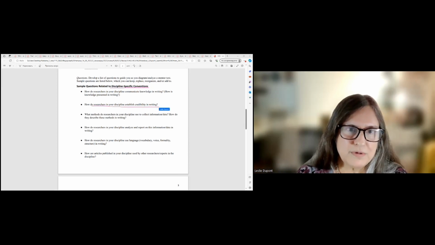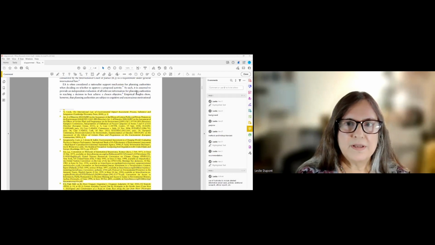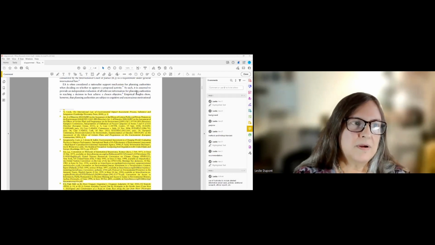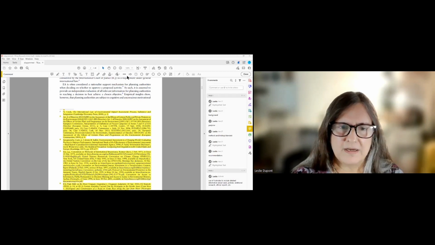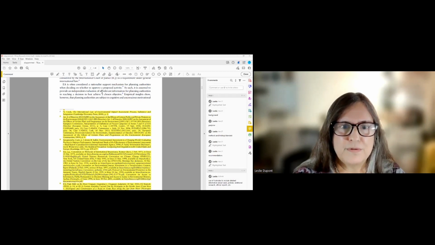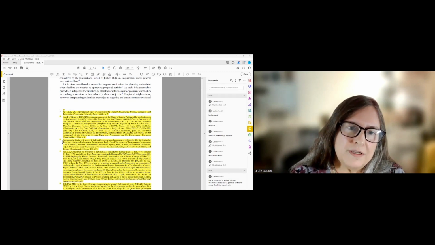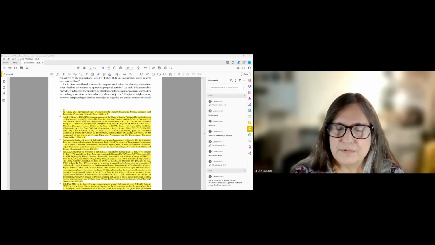I'm going to show you something very quickly. This is from an article, a case analysis from the Transnational Environmental Law journal, I believe. But look at how footnotes are used.